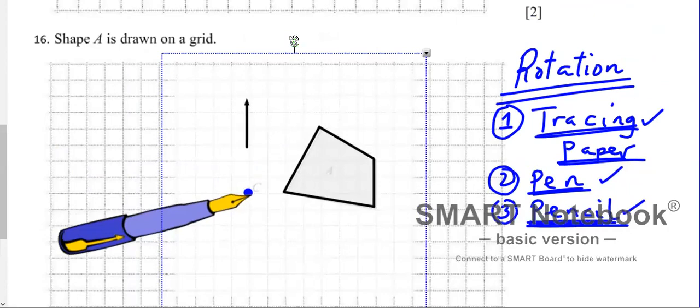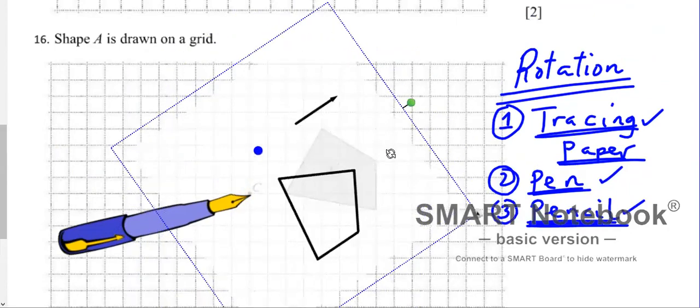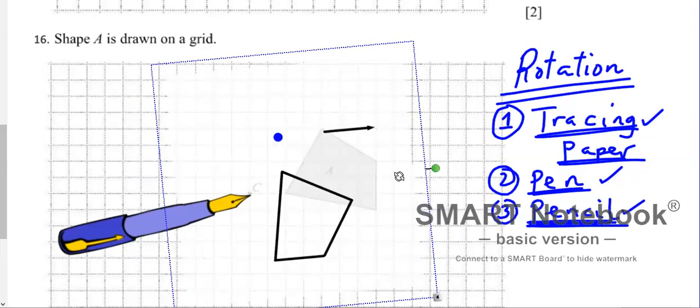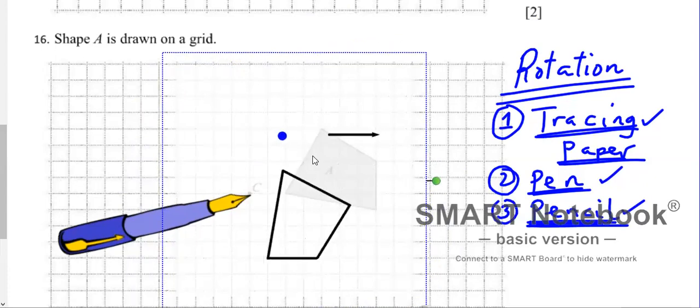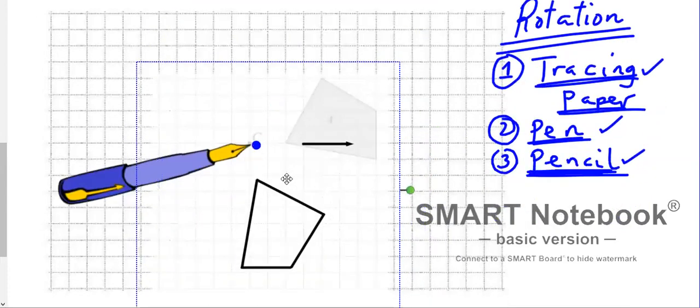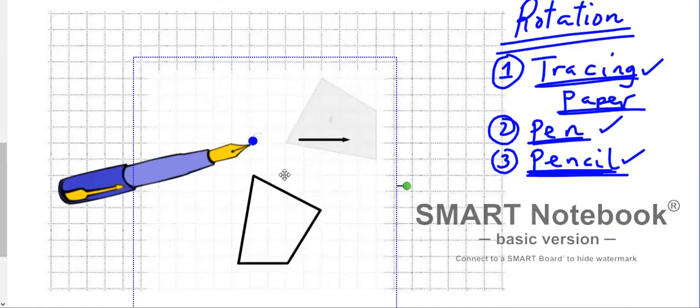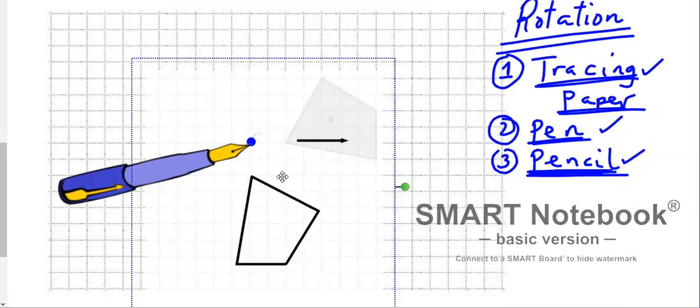You rotate that way until that arrow becomes horizontal. There is your 90 degrees, and make sure that you go back to the center like that. Okay? So far, so good.